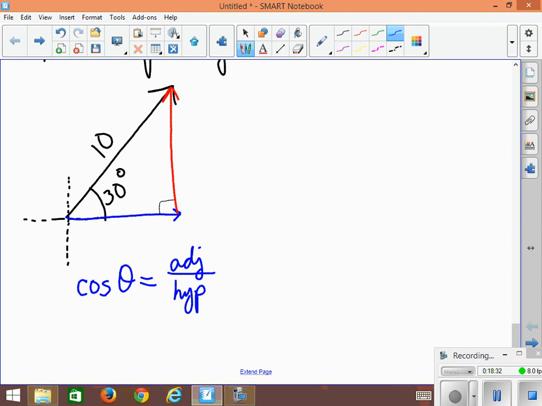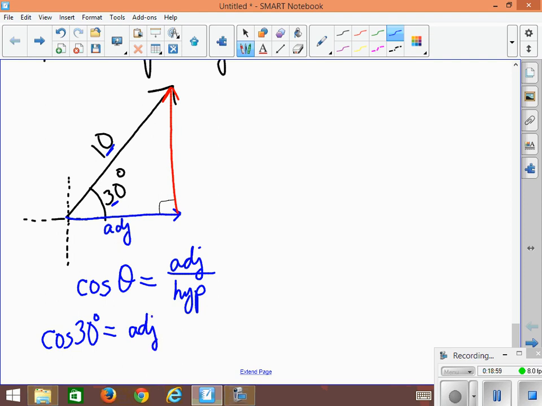So I'm going to write the word adjacent right here because this is the adjacent side of my triangle. And the hypotenuse is 10. And the angle is 30. So I can substitute those numbers in and write that the cosine of 30 degrees is equal to the adjacent side of my triangle, which, by the way, is the x component.